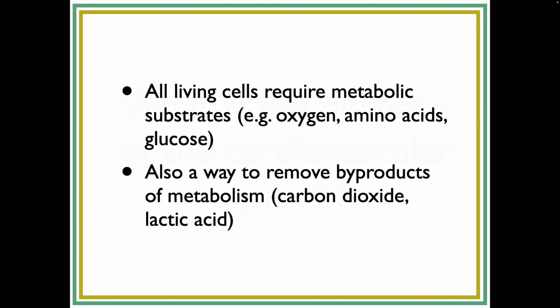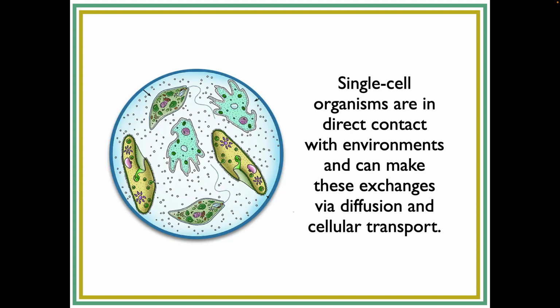So all living cells require metabolic substrates, which we've mentioned: oxygen, amino acids, glucose, so nutrients. And then, as Koa mentioned, we also need a way to remove waste, so byproducts of metabolism. So if you think, again very broadly, about living creatures, who has a heart and who doesn't have a heart?